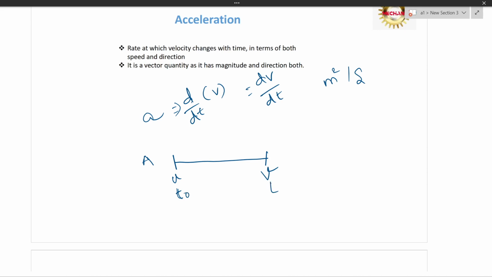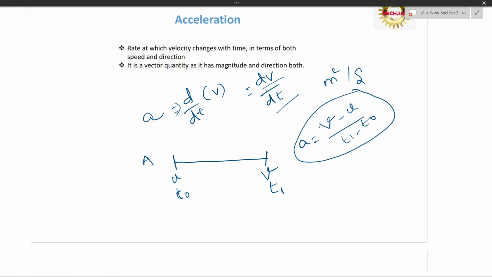When he attains the velocity v, his time would be t1. To calculate the acceleration of this person, we should consider the change of velocity. dv means the change of velocity, which is v minus u here, and dt is the change of time, which is t1 minus t0.